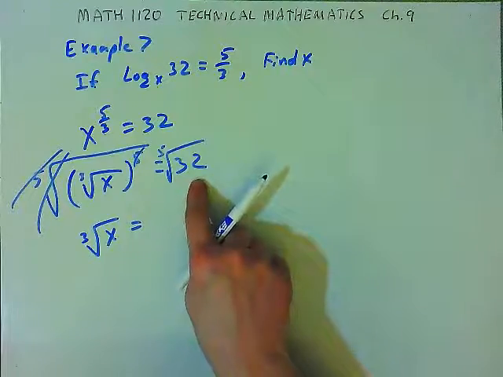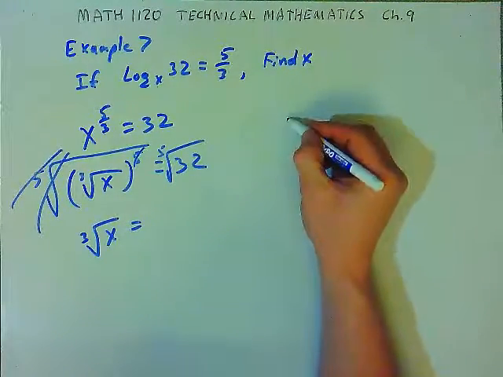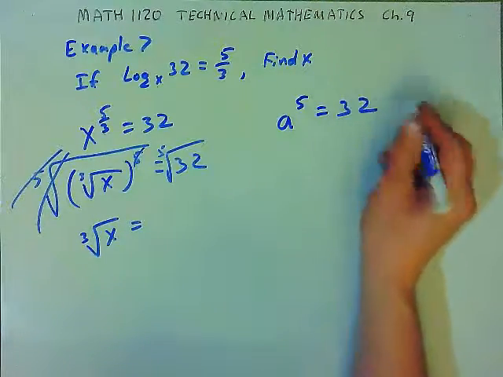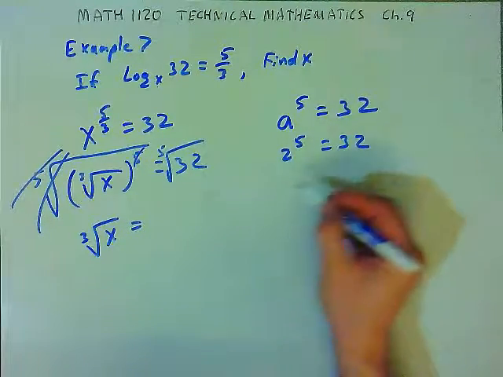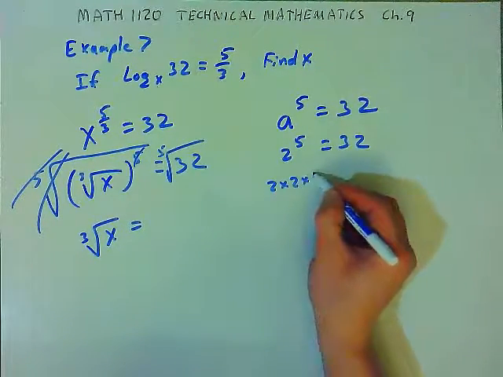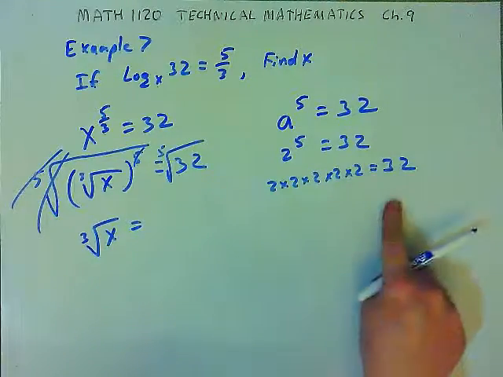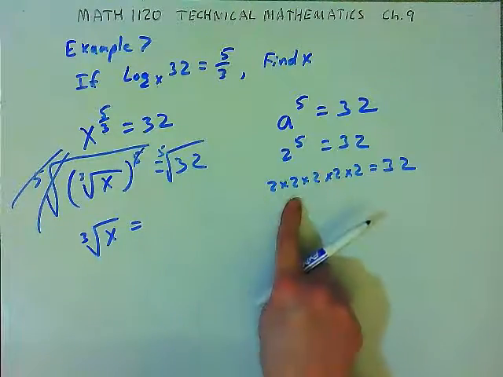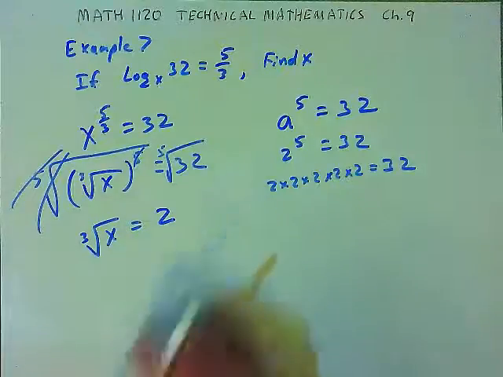The 5th root of 32 is the same thing as asking, what number to the 5th power is equal to 32? Well, it turns out the answer is 2. 2 to the 5th power is equal to 32, because 2 times 2 times 2 times 2 times 2 is in fact 32. So the 5th root of 32 is 2.